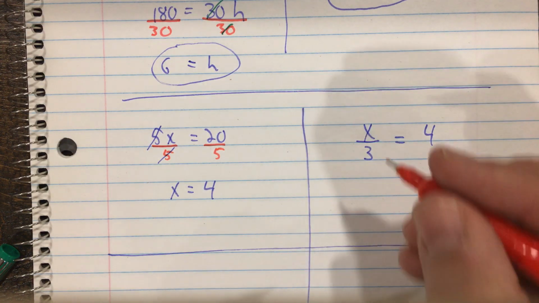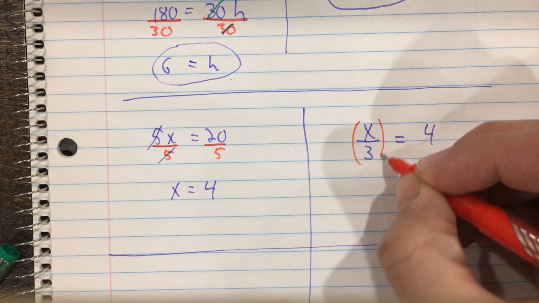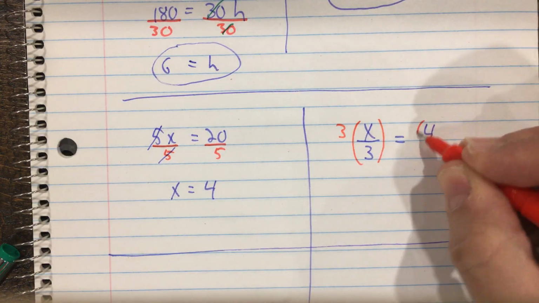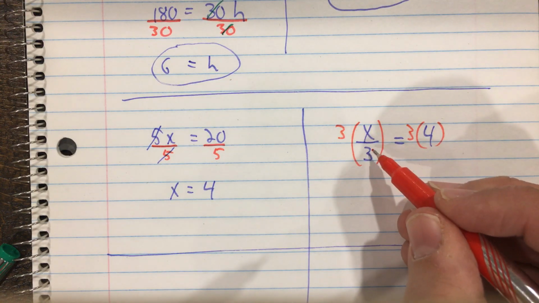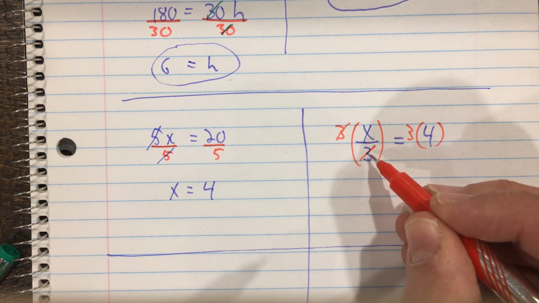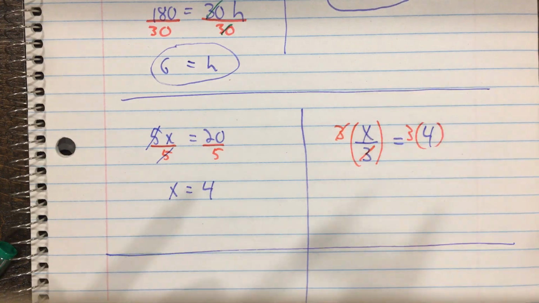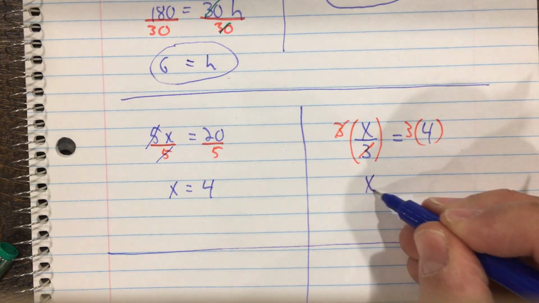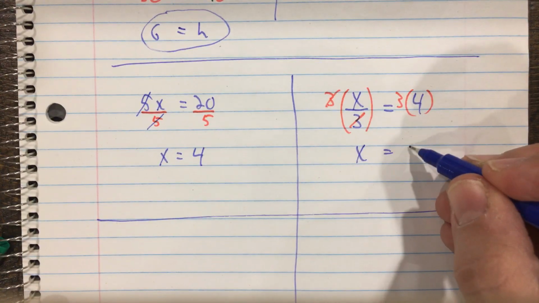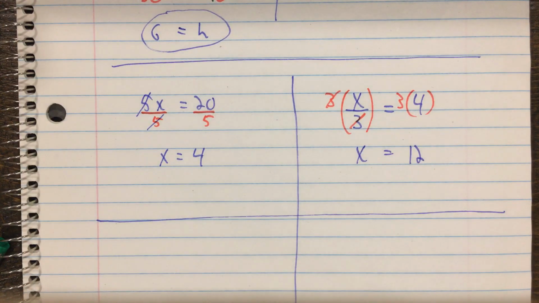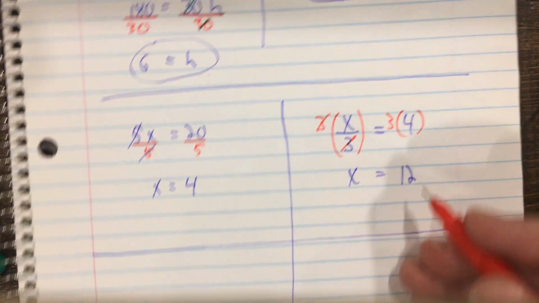Well, you multiply by 3. You're going to multiply both sides by 3. This multiplies in, and you're going to get 3x divided by 3. The 3's can cross out, and you're left with just x is equal to, and 3 times 4 is equal to 12.